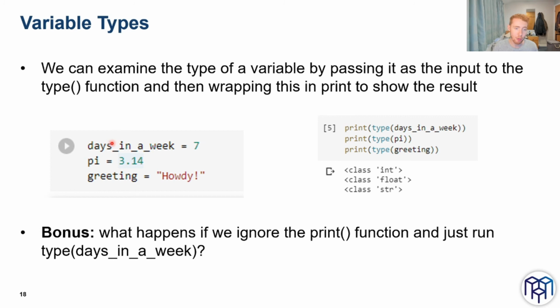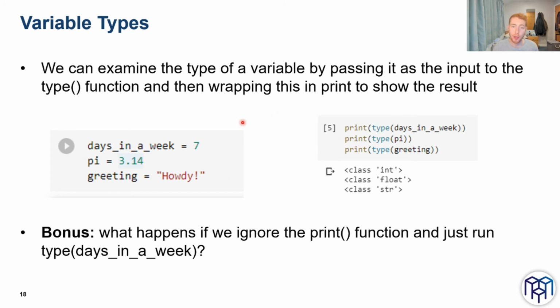And so we're going to create 3 variables here. So days in a week is going to be set to the number 7, and pi is going to be set to the number 3.14, and greeting to the string, the text, howdy in double quotes. So the types we will be expecting are integer, float, and string.